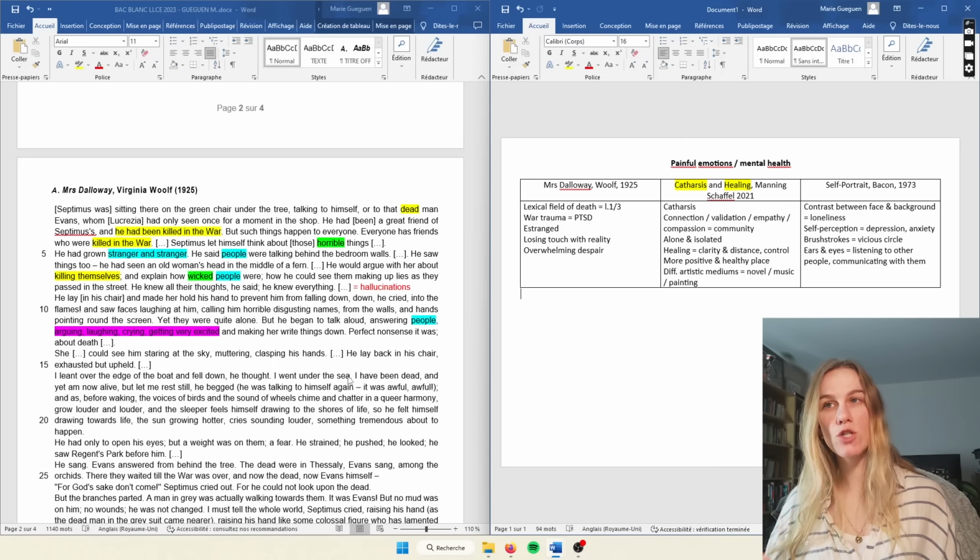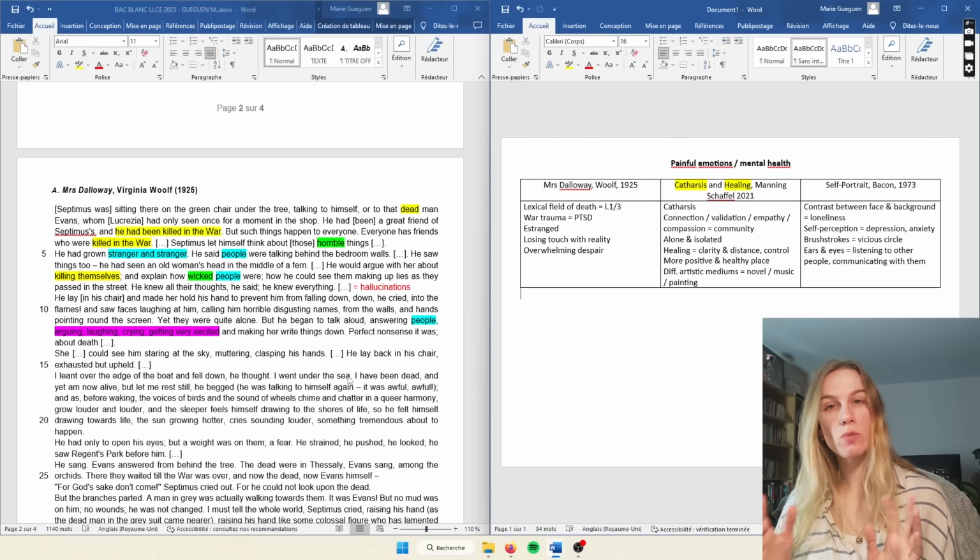So now what you can do is to find connections between the documents. This is the part where you take your highlighters or your different colors and you try within your table to organize them all in different ideas. So the first thing we'll have, something which is very striking, is this notion of community feeling or loneliness.